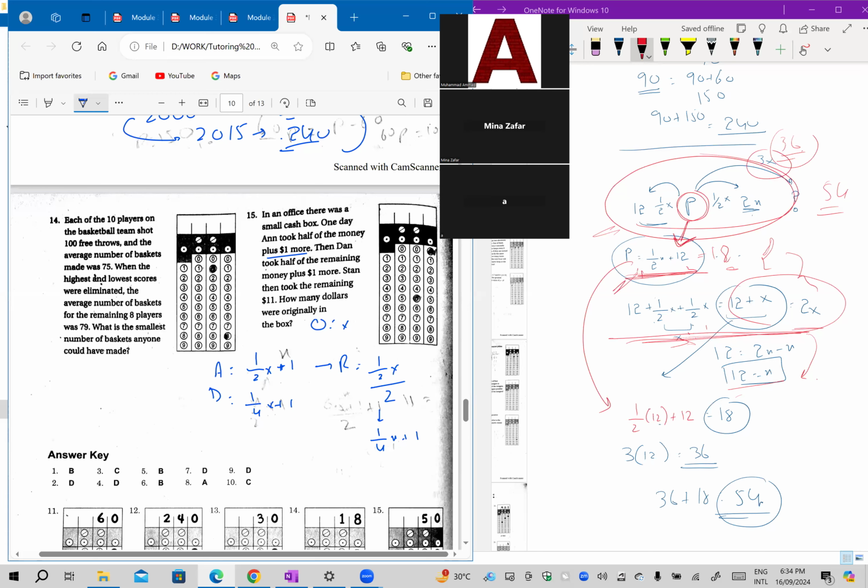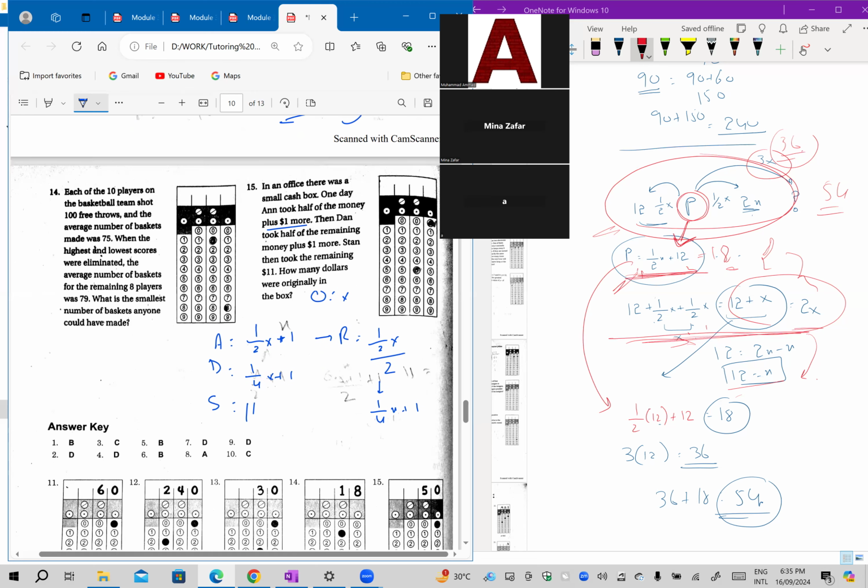After all of this, we're just left with $11 at the end. So Stan's amount will be $11, simple. How many dollars were there originally? Now add all of them. Try this. If you guys add it, I want to see what we equate it to.